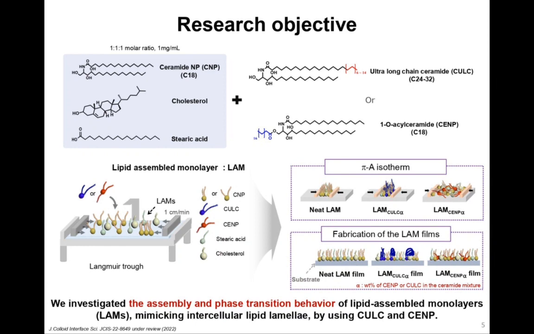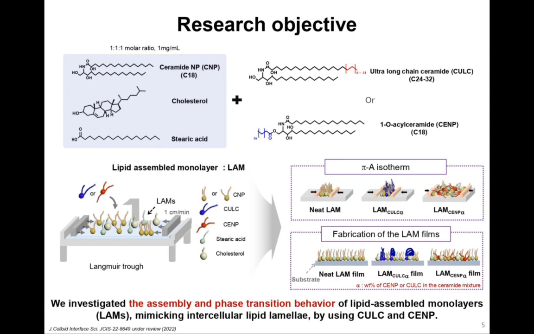In my study, I used two types of ceramide. One is CuRC, which stands for ceramide with an ultra-long chain, and the other is CEMP, which contains acyl chains in both the N and 1 positions of sphingosine base.